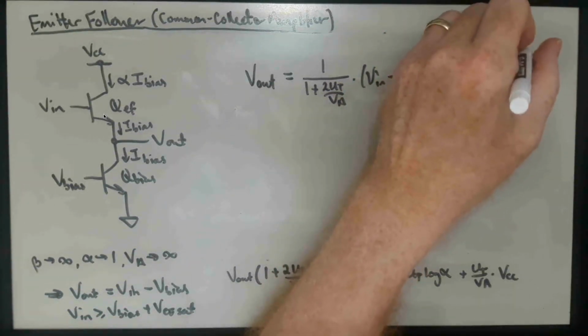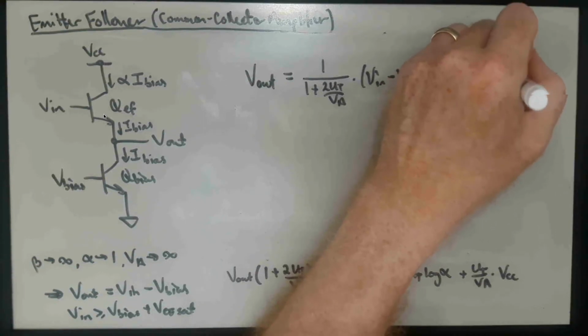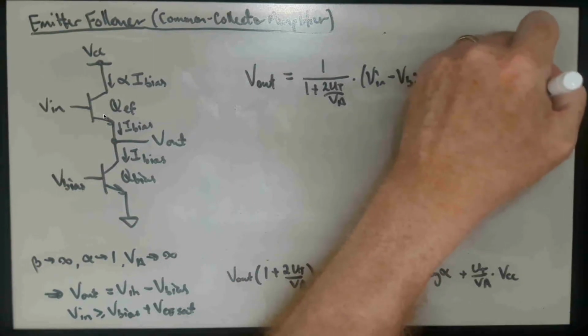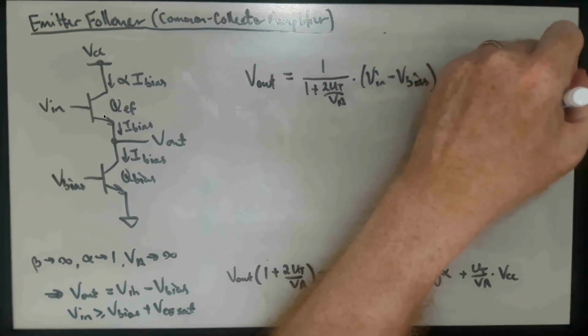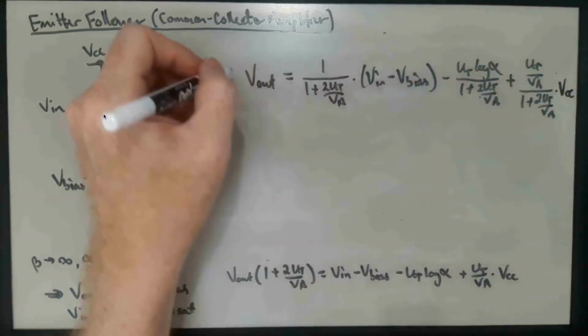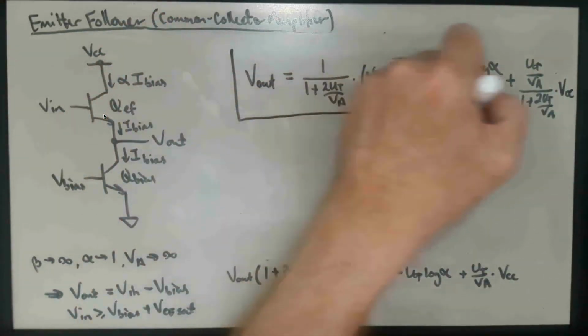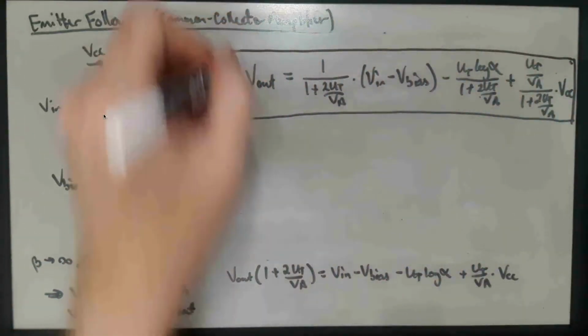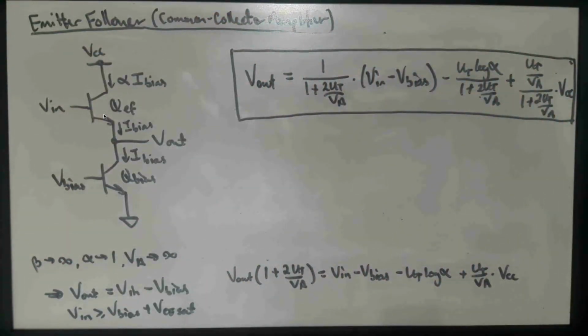And then we have this other term, which is plus UT over VA over 1 plus 2 UT over VA times VCC. Okay, so this is getting a little more complicated.